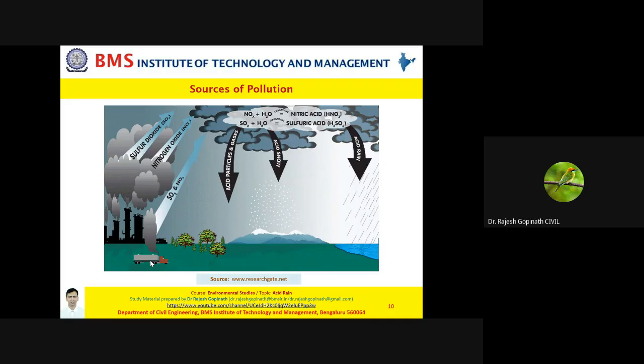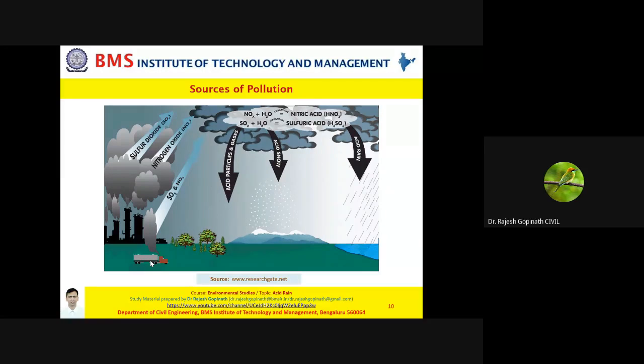Whenever a volcano erupts, it emits huge volumes of gases and smoke, but primarily it contains sulfur dioxide. Similarly, if a forest catches fire, that also emits huge quantities of sulfur dioxide. That's a natural source.